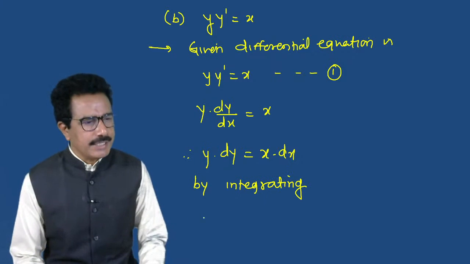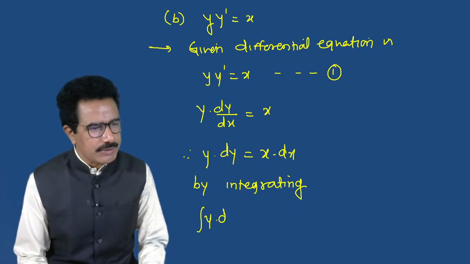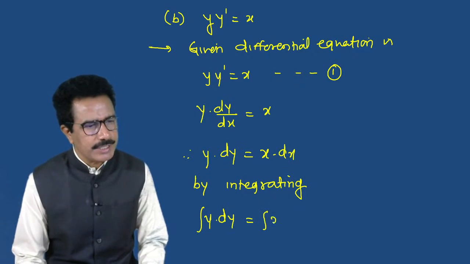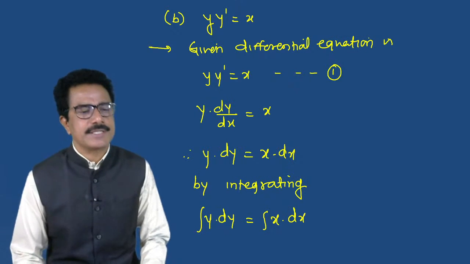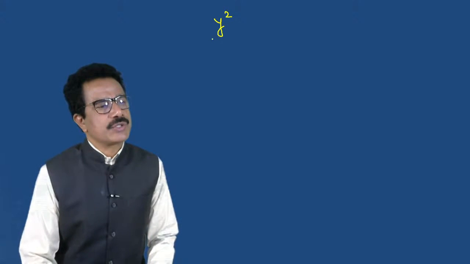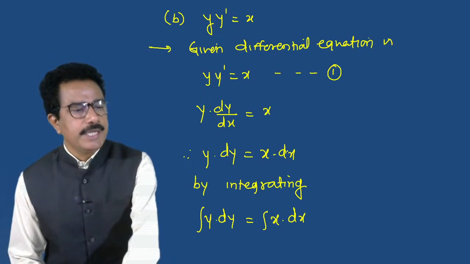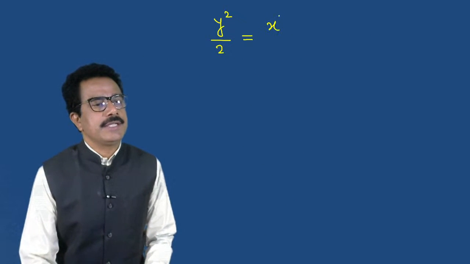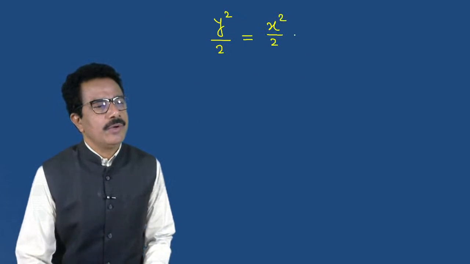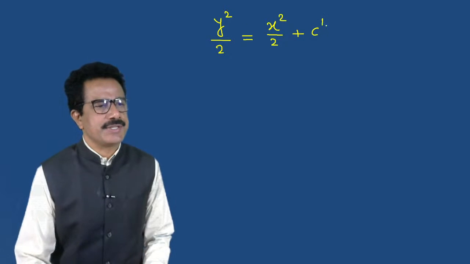आता इंटिग्रेशन करा. सो इंटिग्रेशन ऑफ y इंटू डी वाय विच इज इक्वल्स टू इंटिग्रेशन ऑफ x इंटू डी एक्स. आता yचं इंटिग्रेशन काय येईल पहा, वाय स्क्वेअर डिवाइड बाय 2 विच इज इक्वल्स टू इंटिग्रेशन ऑफ x that is x square divided by 2 plus c dash.